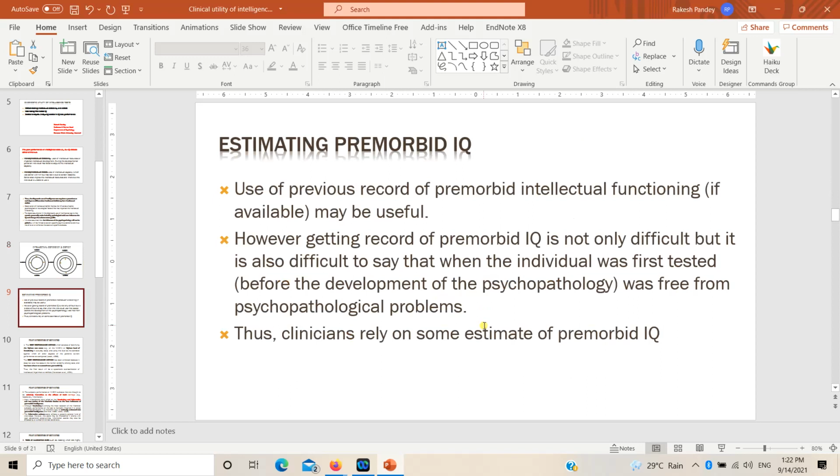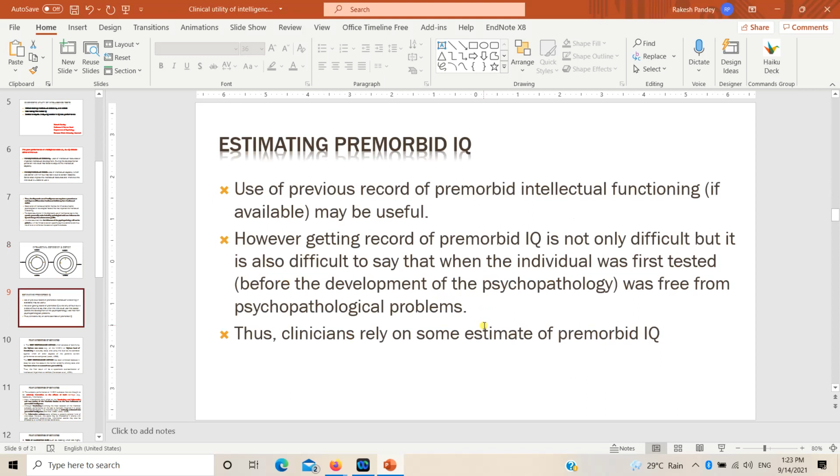Thus, we are left with the option to estimate the premorbid IQ, because accessing the premorbid IQ from previous records will not be that useful.